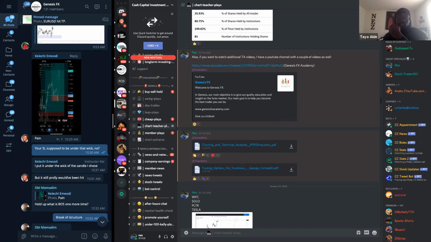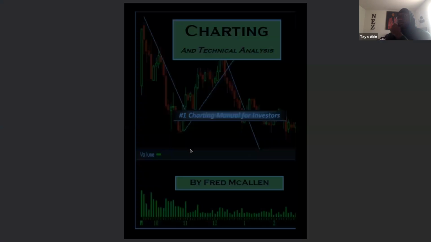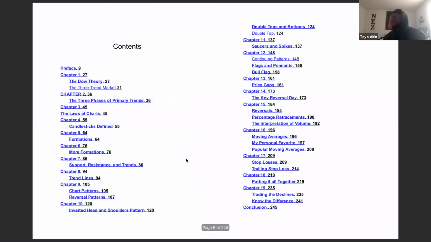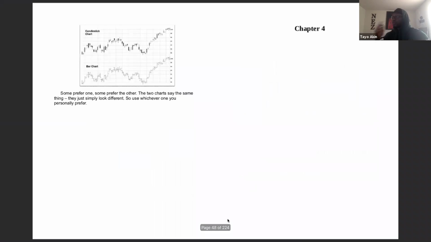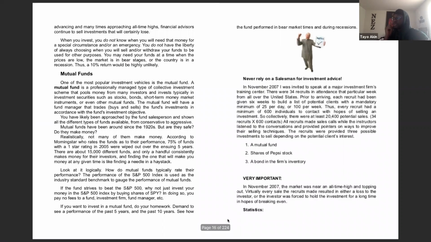New share right here, desktop number 3. As y'all can see here, this is another resource. I never read this book, I'm just assuming that it's going to work. It's going to have a bunch of stuff, all the things you really want to learn. Yeah, 224 pages worth of information.